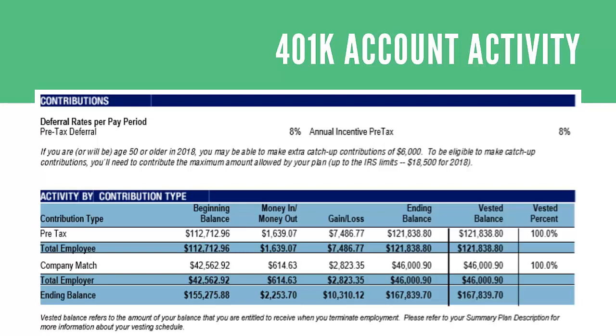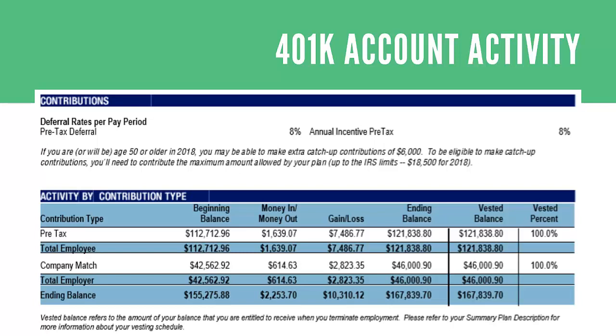In this example, the employee is putting in 8% of their paycheck into the 401k plan, on a pre-tax basis. Pretty awesome. This means that their contributions go into their account prior to any tax withholdings.